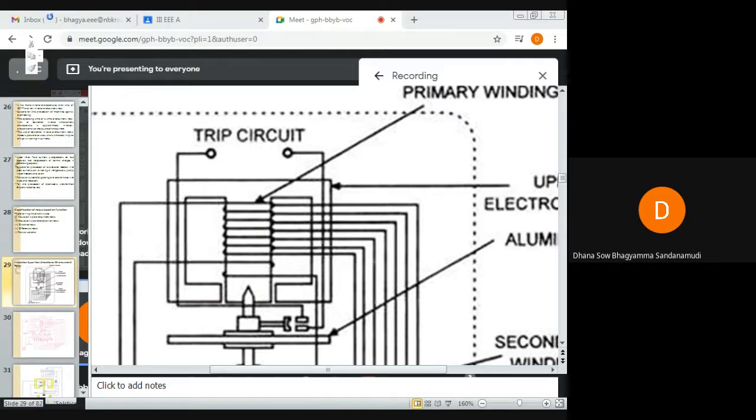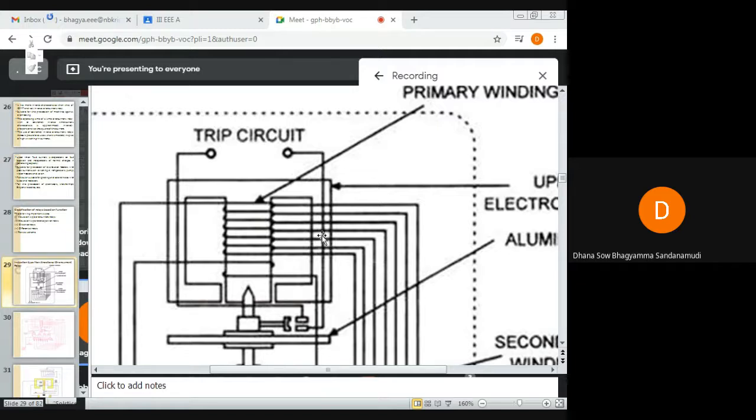So whenever the moving contact, which is away from the fixed contacts, comes in contact with the fixed contacts, the trip circuit is closed. When the trip circuit is closed, the trip coil is energized, and when the trip coil is energized, the circuit breaker opens.